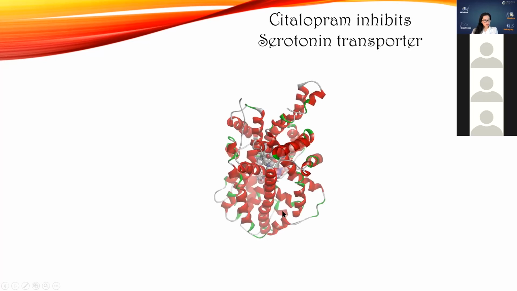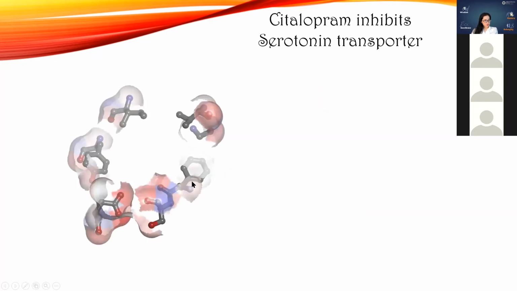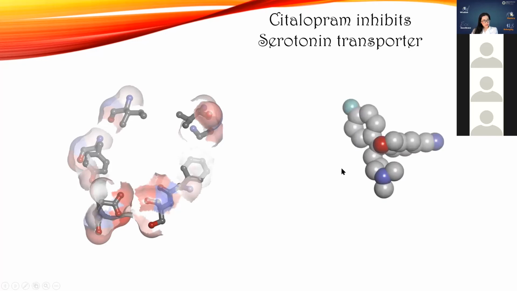So I downloaded the structure of the serotonin transporter. You can see a lot of red helices, and I omitted all the side chains and show only the citalopram inside the pocket. If we zoom into the pocket and show the van der Waals surface of the cleft, and then show the ball and stick representation of each amino acid, we can see that citalopram is here.